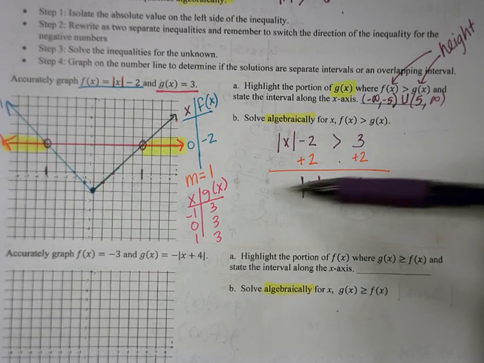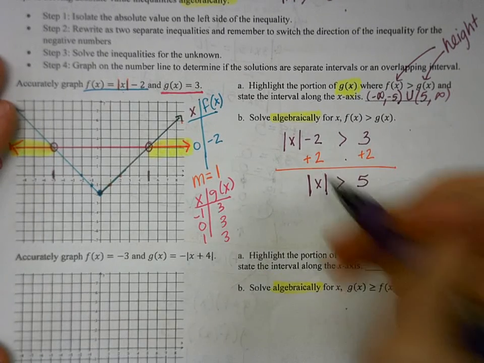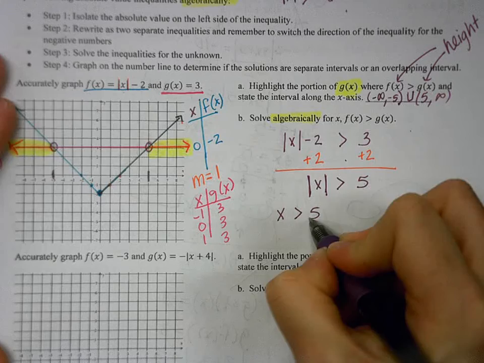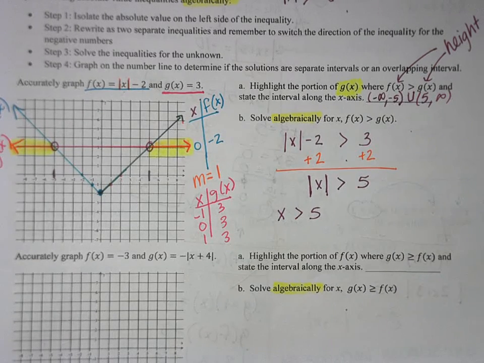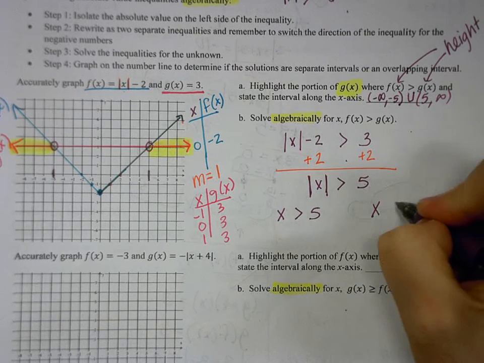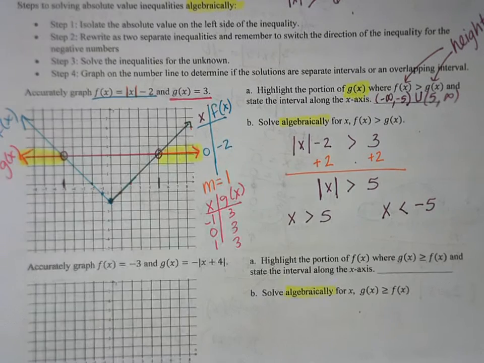But right now it's positive, so I do want to split them into two equations, which is x is greater than 5. And the other one is going to be x is less than negative 5. Do you notice how two things changed there?